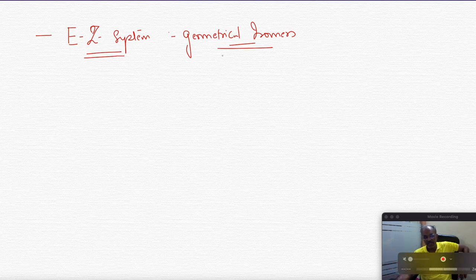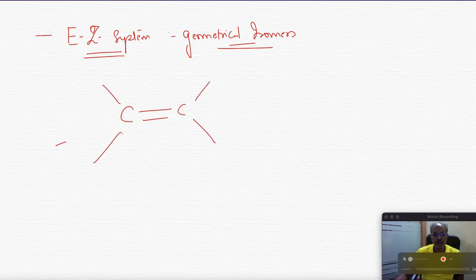In this scenario, take for example C double bond C. On the adjacent carbon atoms, any 2 functional groups or atoms have to be different. That is the first condition.